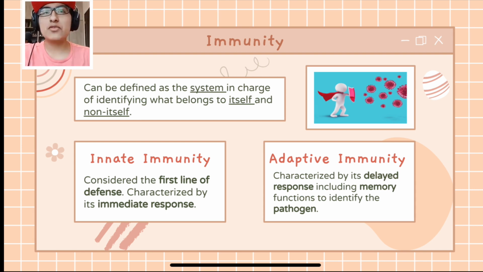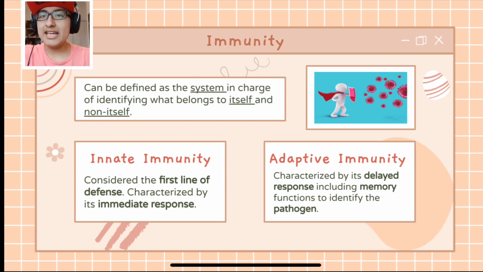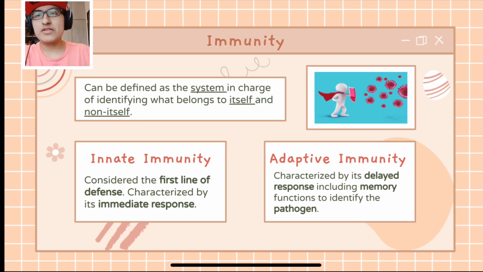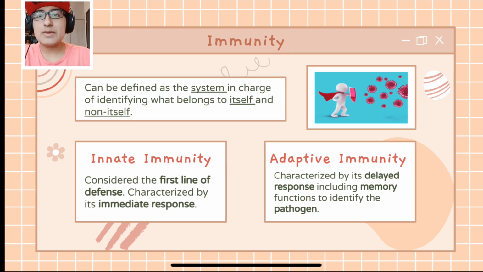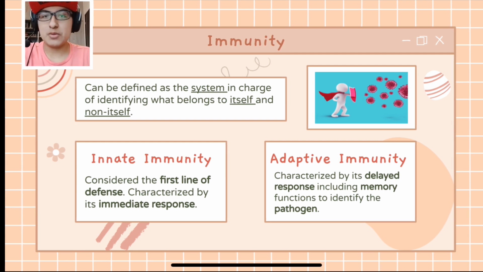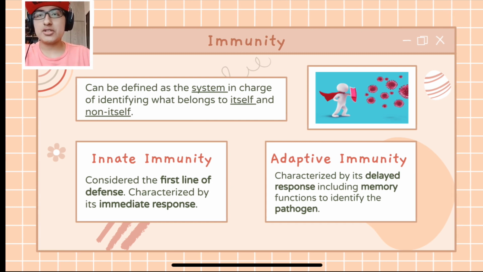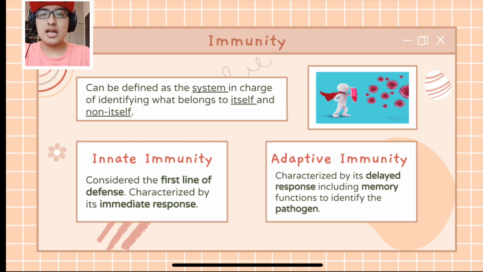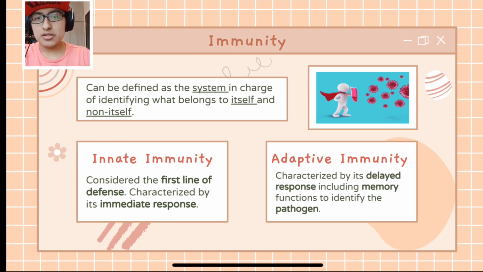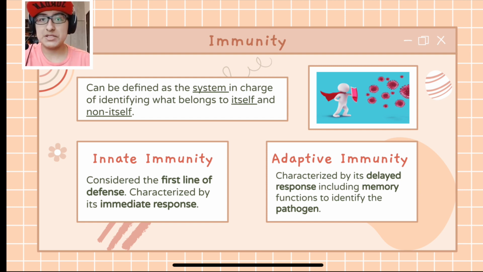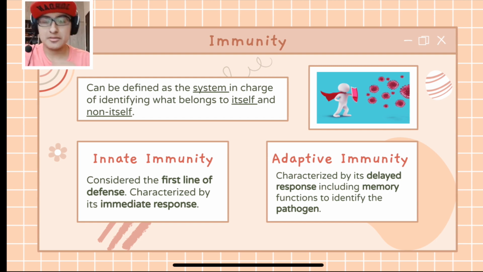There are two types of immunity. Innate immunity, in simple words, is considered the first line of defense, characterized by its immediate response. This means that when an infection, a virus, or a microorganism is detected, this immunity is the one that reacts first to counterattack it.